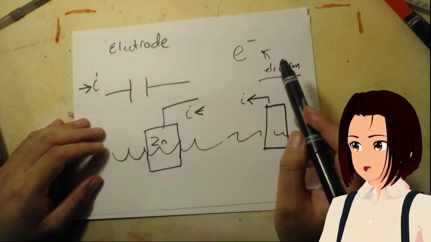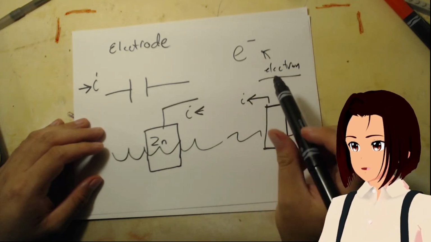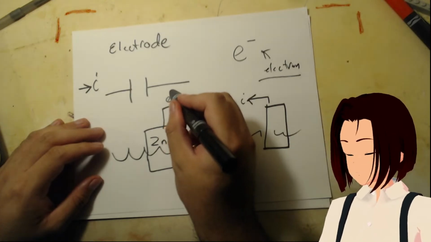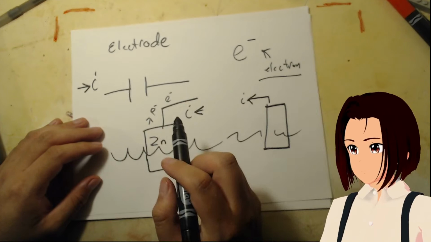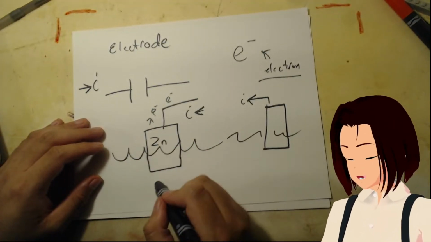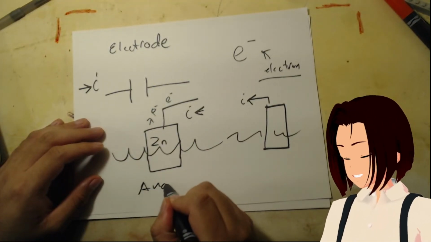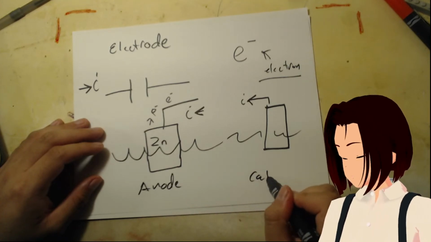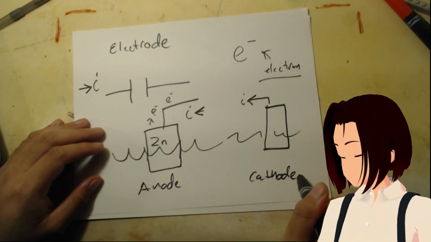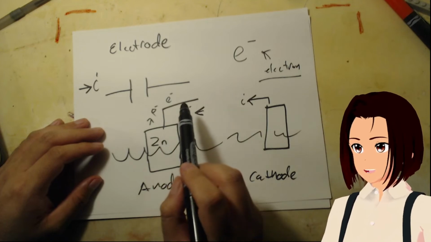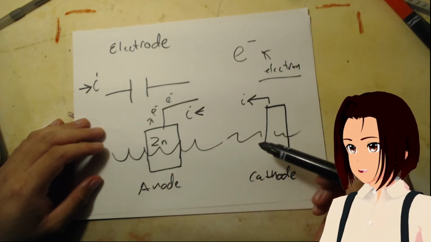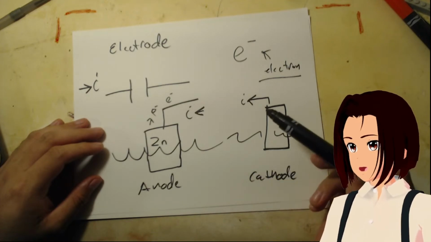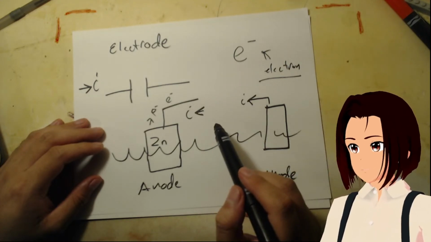So we like electrons because they're cool. Electrons are flowing out of the anode, the cathode, actually. Electrons are coming out of the anode and headed towards the cathode. But what's more important is the flow of current.